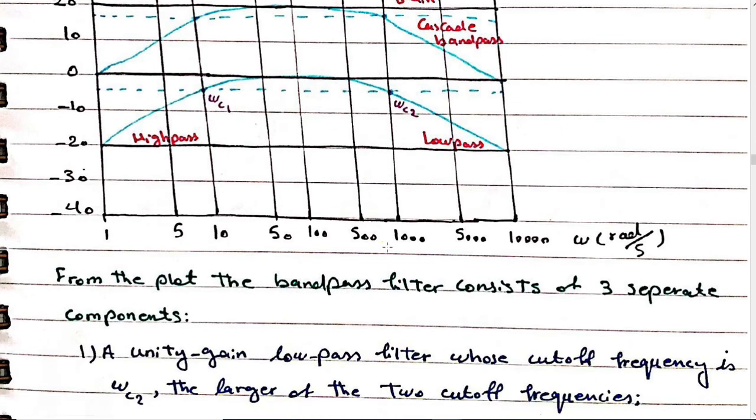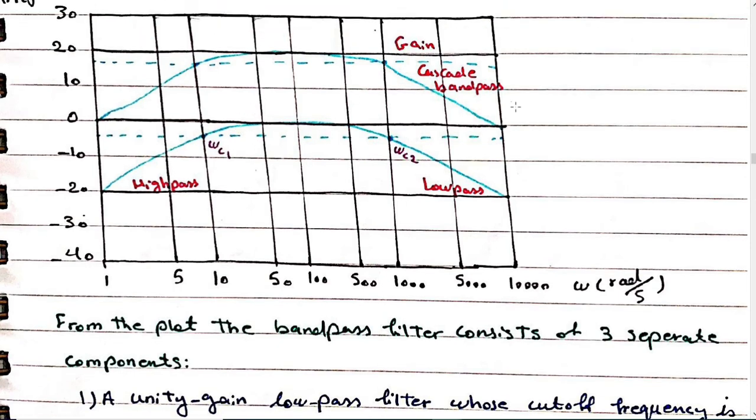For the first step, we need a unity gain low pass filter with the cutoff frequency of omega C2, to create the higher cutoff frequency. The second step is a unity gain high pass filter whose cutoff frequency is omega C1, to make the lower cutoff frequency.